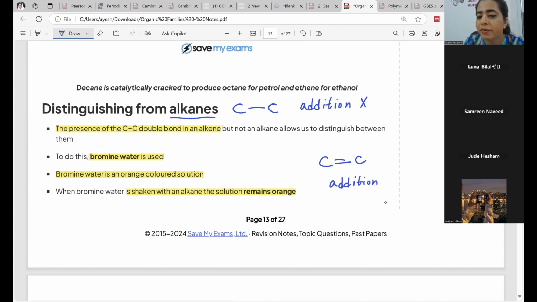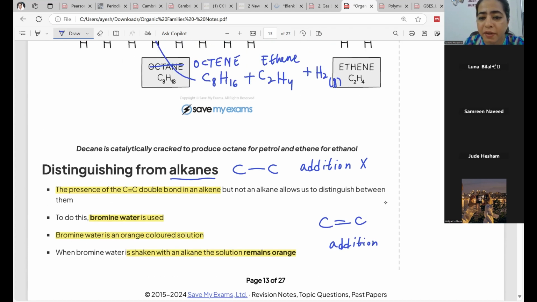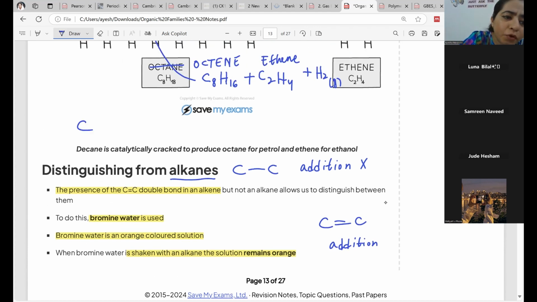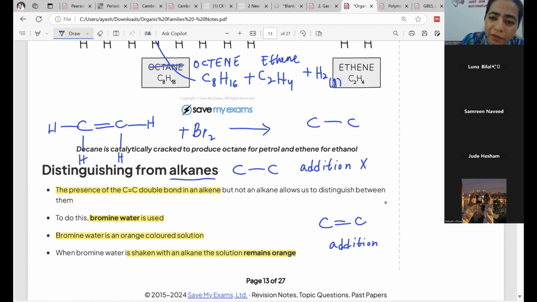What does addition reaction mean? Addition means, let's say, if I give you an example of an alkene having 2 carbons, 4 hydrogens, C2H4. I want to add bromine on it, Br2. What will happen? This alkene will break the double bond to a single bond. When the double bond becomes single, now both the carbons have a total of 3 bonds only.